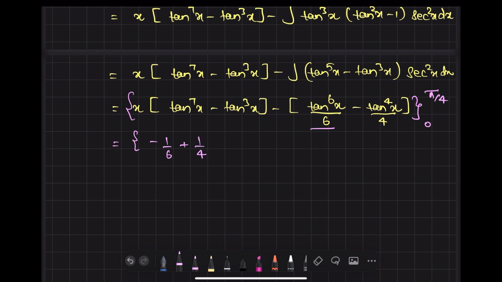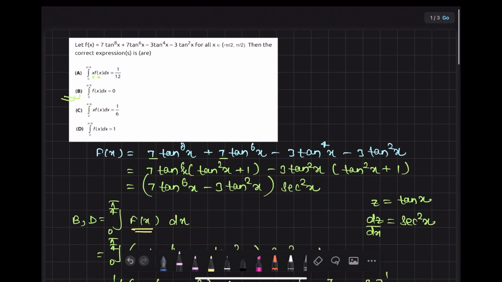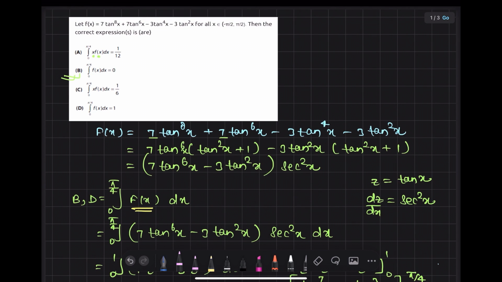Now if you put the lower limit, again this function will become 0 and this also will become 0. 0 into 0 is 0. tan 0 is 0, 0 power 6 is 0. So here also it will become 0. So the answer we can find from this situation. So it is 12 minus 2 plus 3. So the answer is 1 by 12. So the integration of x times f of x when the limit is 0 to pi by 4 is 1 by 12. So option A is correct.